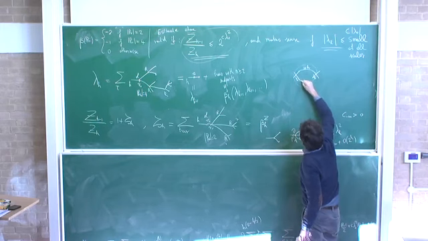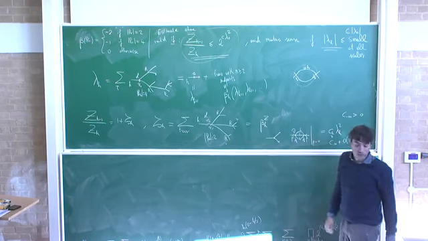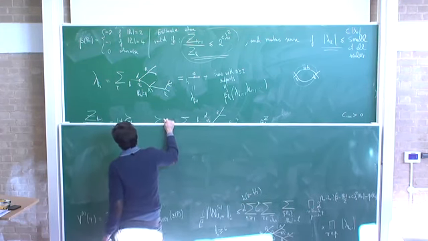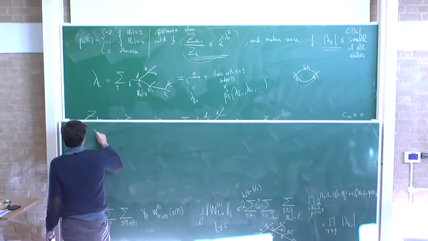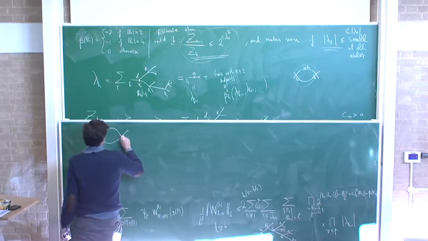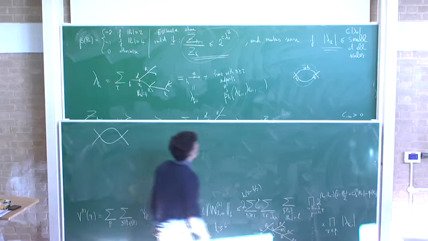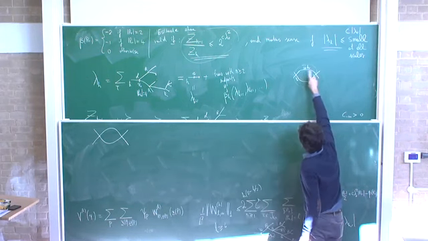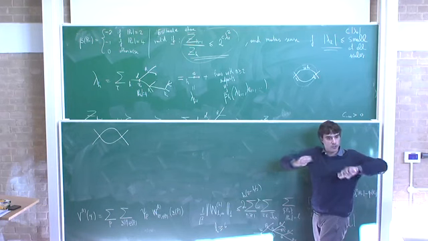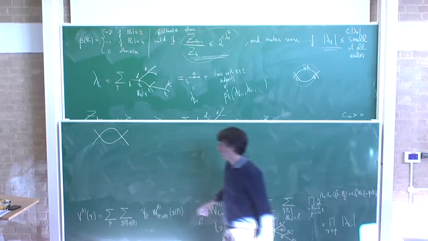So what you get is this kind of diagram. Okay, and you have to compute it. All possible ways have this structure, but there are different ways in which you pair fields, and you have to be careful about it.